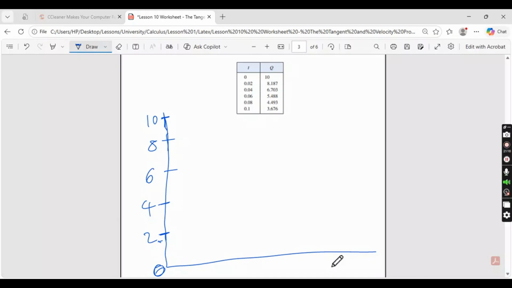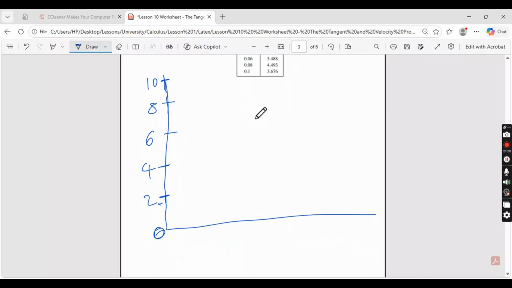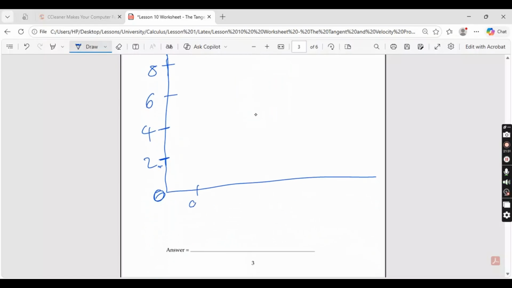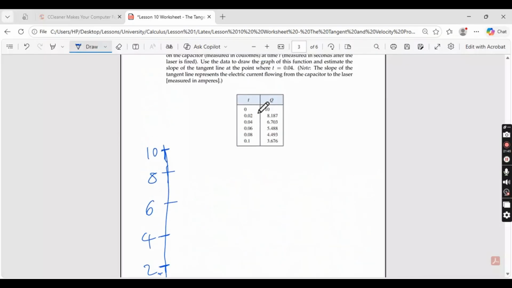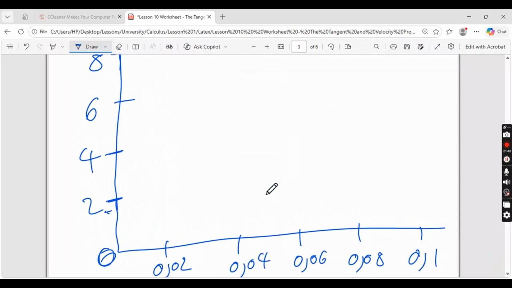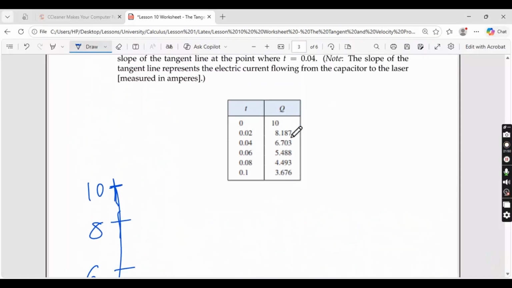The same, I guess, but in decimals, like 0.02, 0.04, 0.06, 0.08, 0.1. Okay, so 0 to 10.